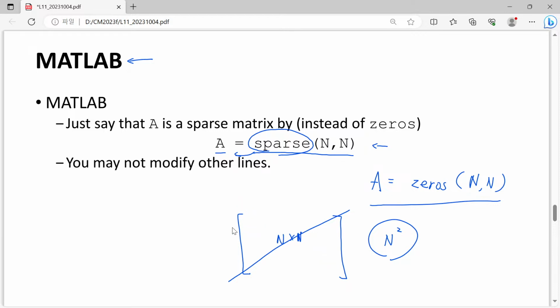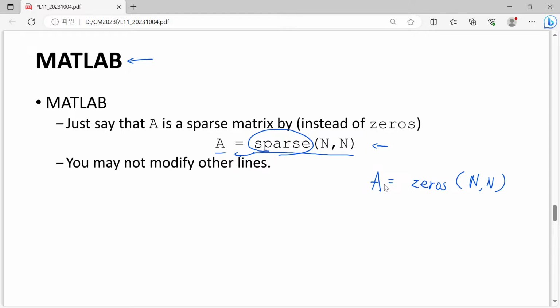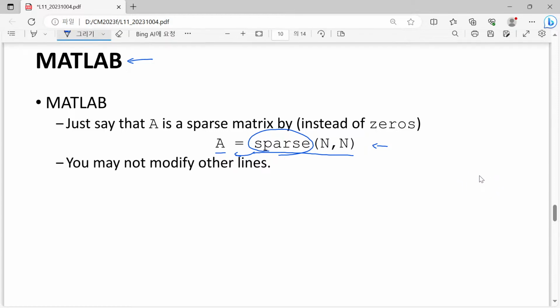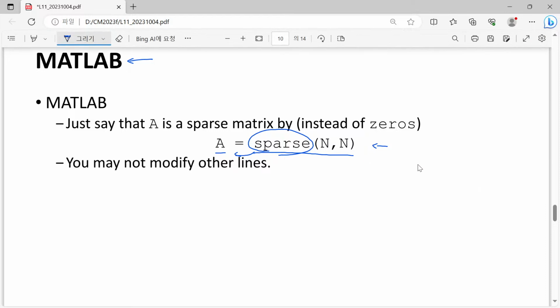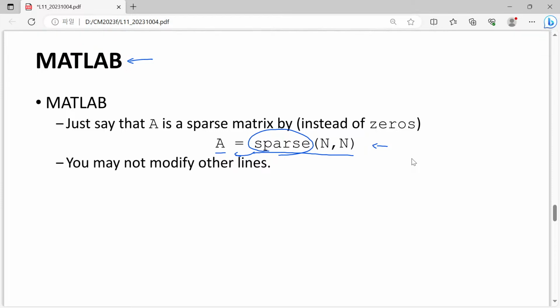Since MATLAB is quite user-friendly, you may not modify any other lines, because in MATLAB, whether that is sparse or dense is treated internally. So the user just treats them as matrices. Whether A is sparse or A is dense, that doesn't alter the grammar or the routine we have to call.